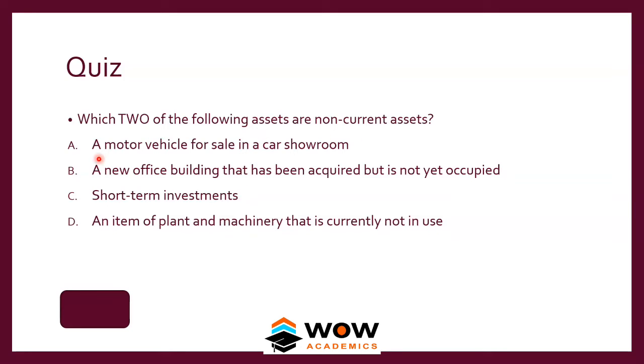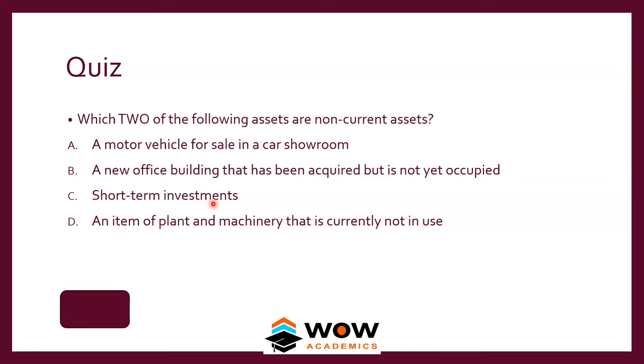See, the first item is an inventory. A motor vehicle for sale in a car showroom is an inventory. A new office building that has been acquired but is not occupied: it doesn't matter whether it is occupied or unoccupied, it is still an office building, so it is an asset. So B is an asset.